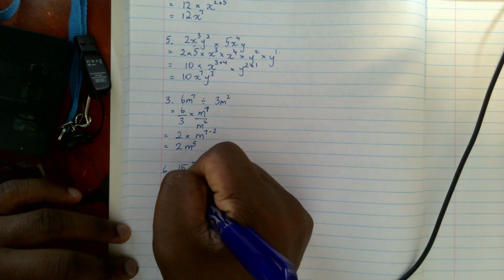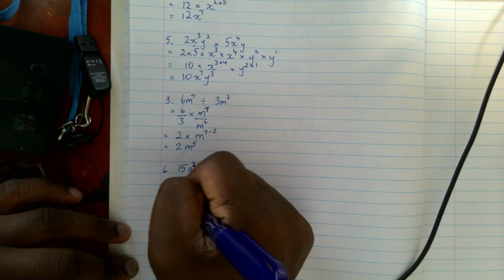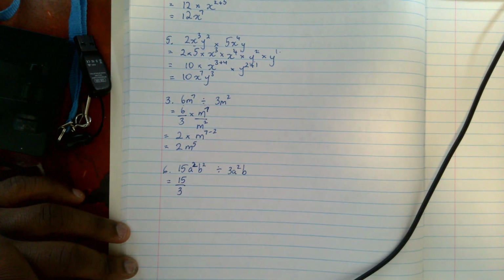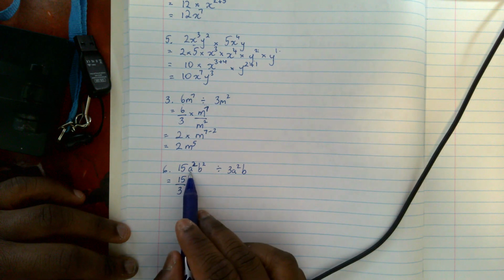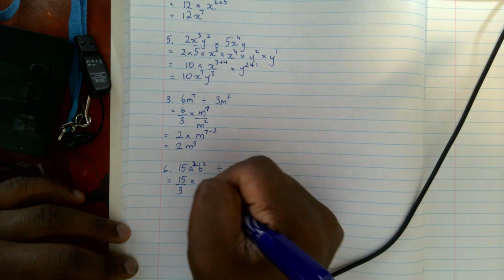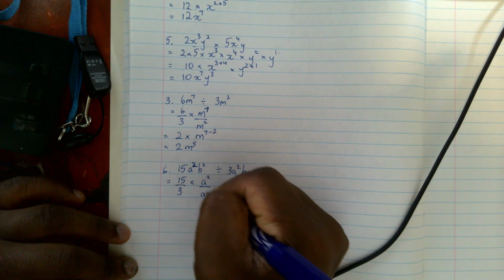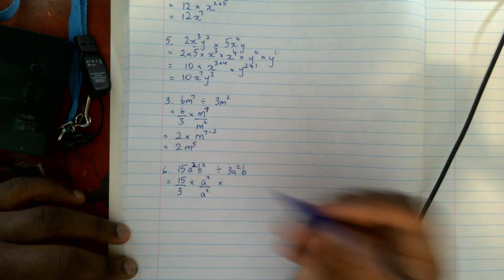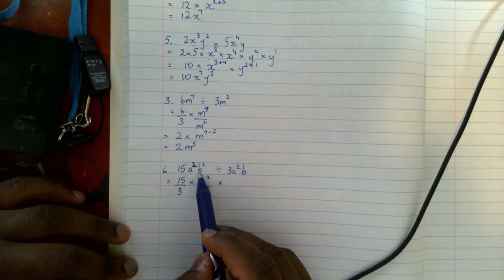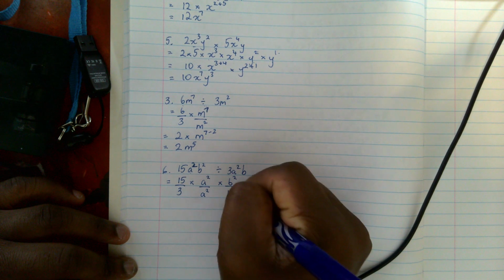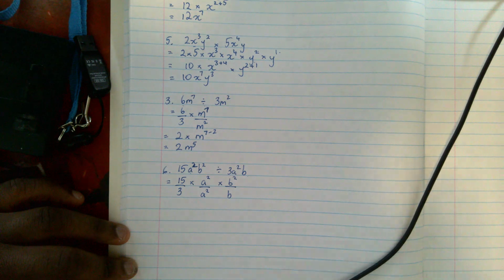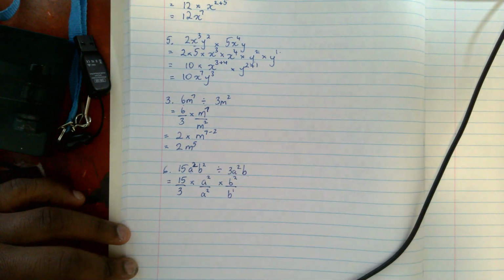Again, our coefficients, 15 and 3, we can divide those two together. Then we're going to multiply by dividing a squared by a squared. Then multiply, we're going to do b squared divided by b. And we know if b is by itself, it has a power of 1.